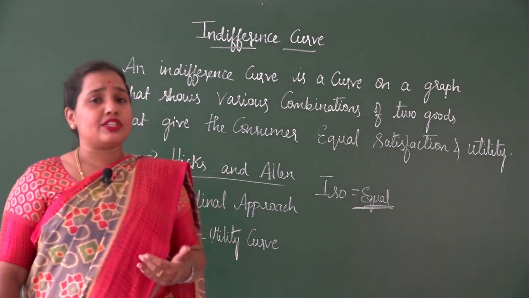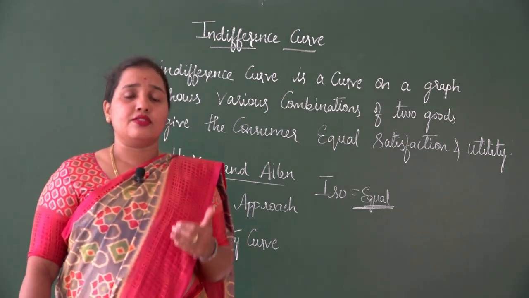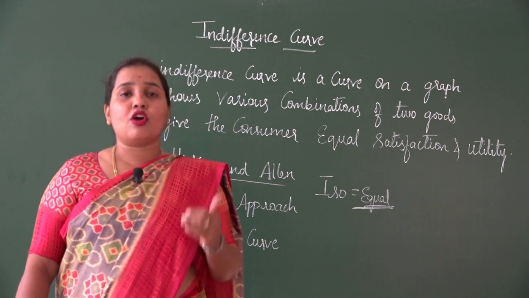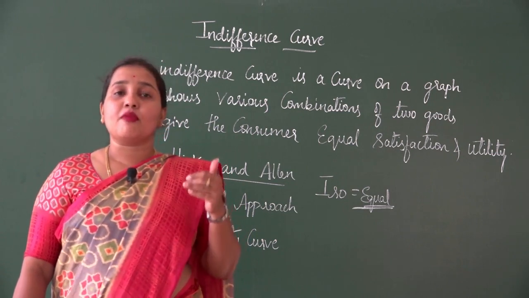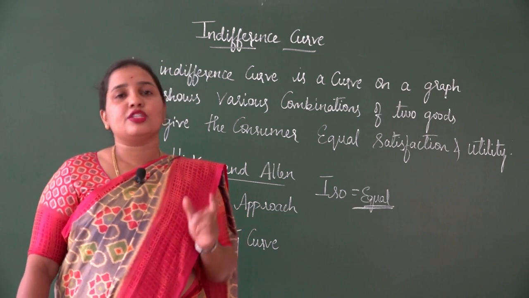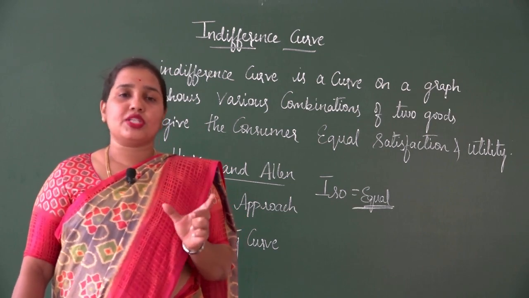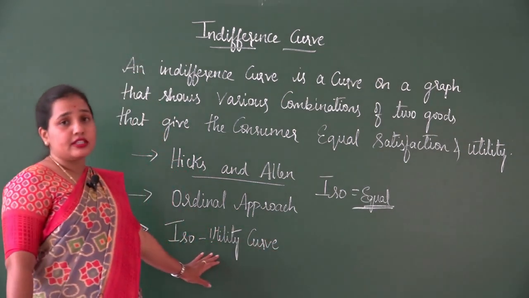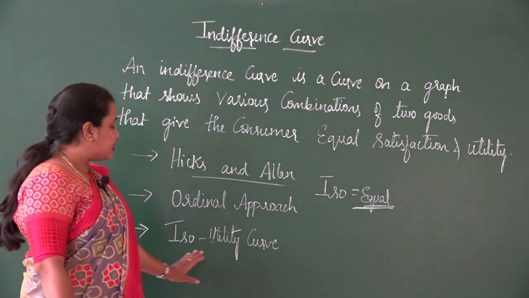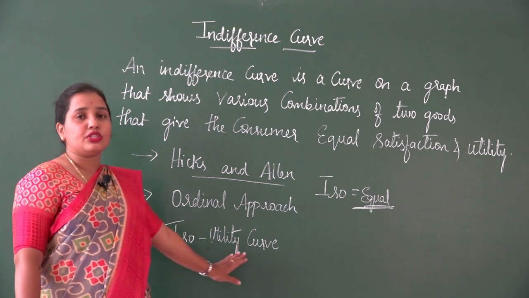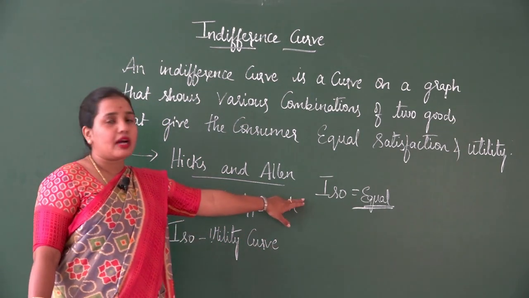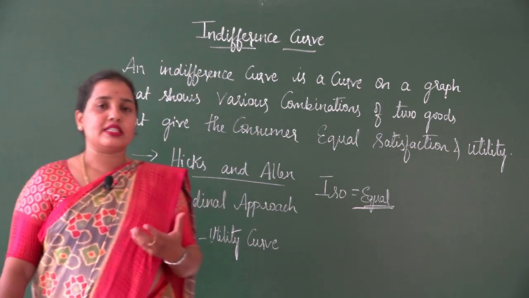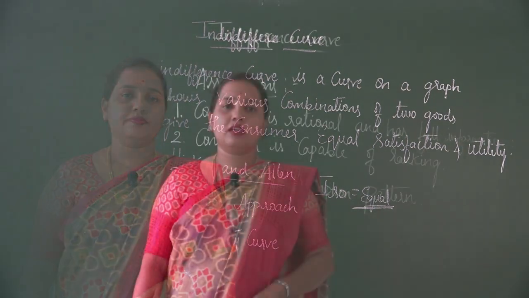Whatever the combination of the commodities that the consumer chooses, he derives the same level of satisfaction from all the combinations. That is why we use the term iso. Iso refers to equal. This is what we have to understand, why indifference curve is called iso-utility curve. So this is some introduction towards indifference curve.